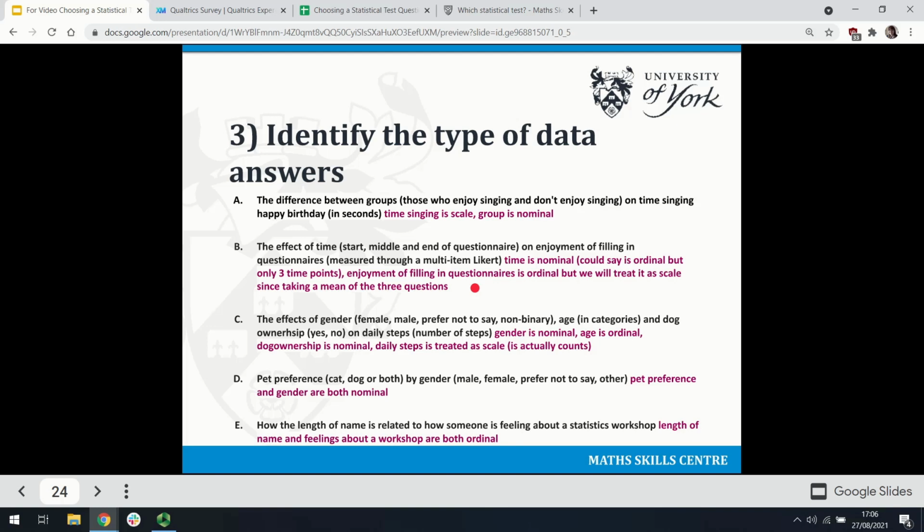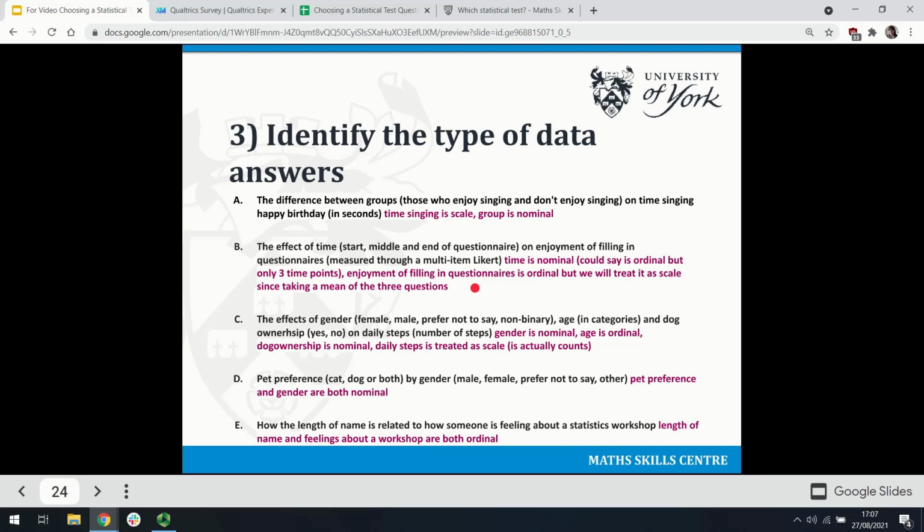And that would make sense, right? However, we've only got 3 time points. So some of the stats tests where we use ordinal data, they need more than just 3 time points. So that's why I'm saying that time is nominal. And I hope that that's helpful for you because you might come across that in your own data.